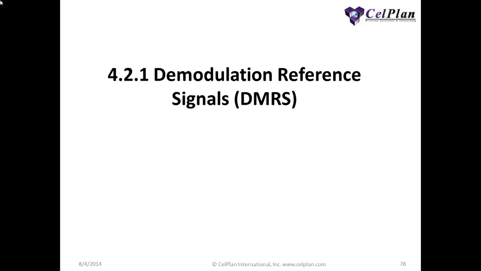So let's start with the demodulation reference signals. Remember that in the downlink we have the cell reference signals, and those are used to equalize the channel. In the uplink, each UE needs its own reference signal, because each UE is in a different place, and the ENB has to synchronize to each UE to be able to decode it.